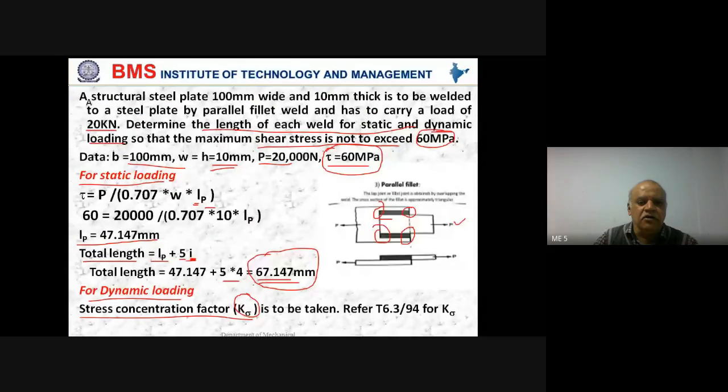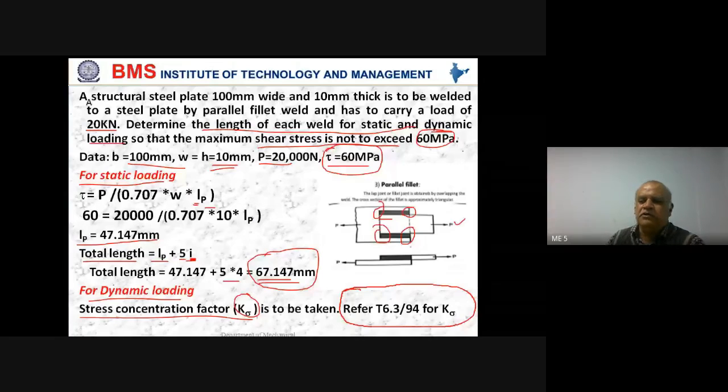Yes, sir. Please note down for dynamic loading, stress concentration factor is to be taken. For that, refer table 6.3 in page number 94. Please note down this.